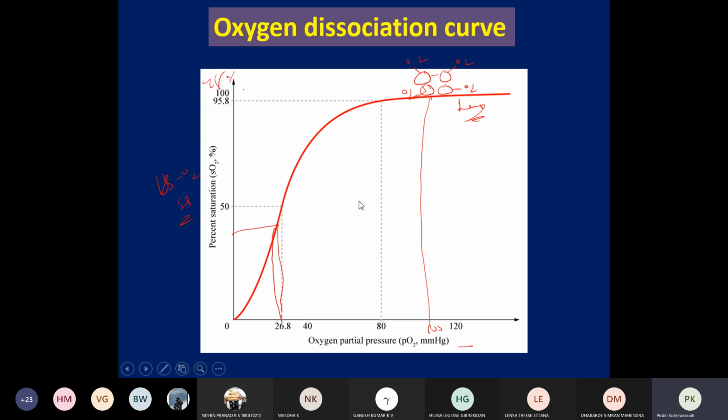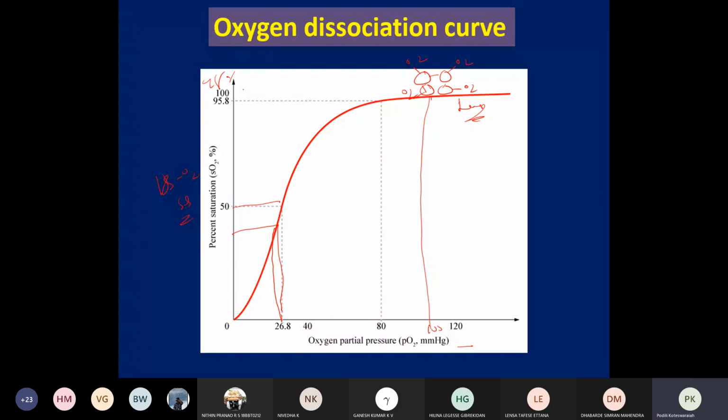The oxygen dissociation curve is the graphical representation of partial pressure of oxygen versus hemoglobin saturation. 100% saturation means all the hemoglobin molecules are loaded with oxygen. 50% saturation means only 50% of the hemoglobin molecules are saturated with oxygen, and so on.